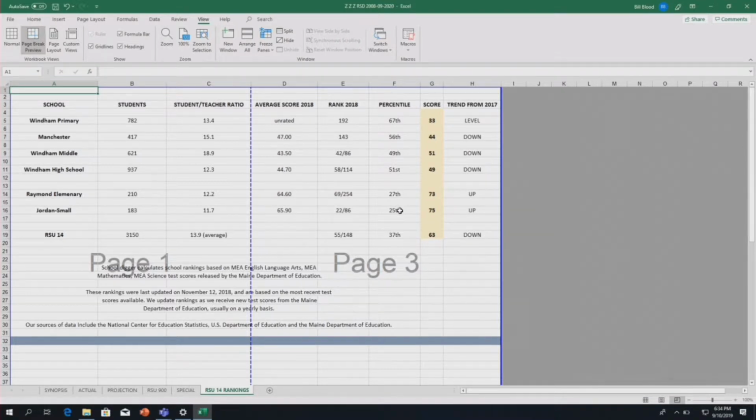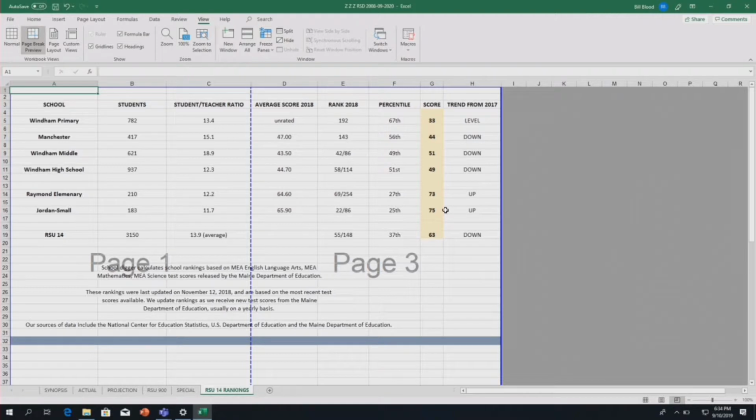And then you look at the two jewels in the system, and they're ours. Raymond Elementary is 69th out of 254, and Jordan Small is 22nd out of 280. So what I'm suggesting is that if you take those out, they could be better.